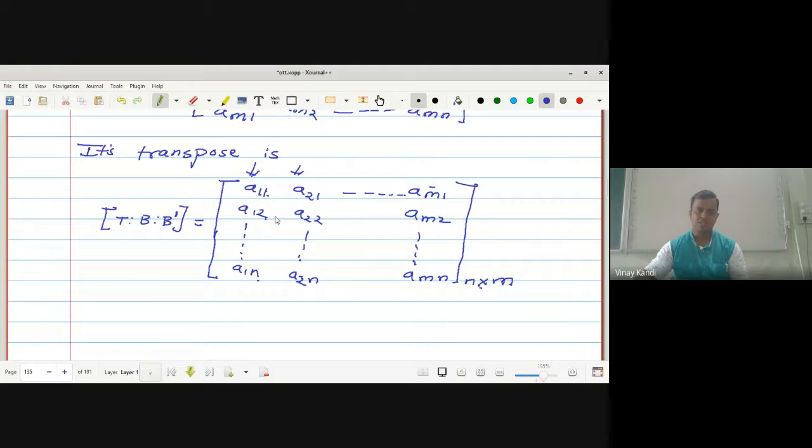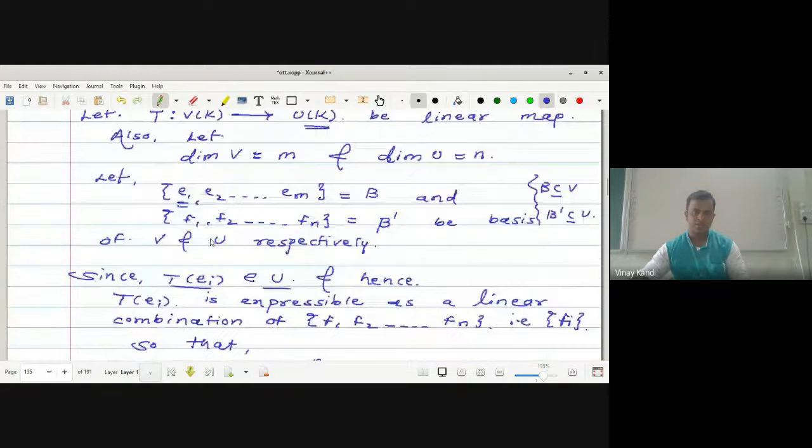And this matrix is nothing but the matrix of the linear transformation T with respect to B, that is the basis of our vector space V over K. And what is this B? Look here.